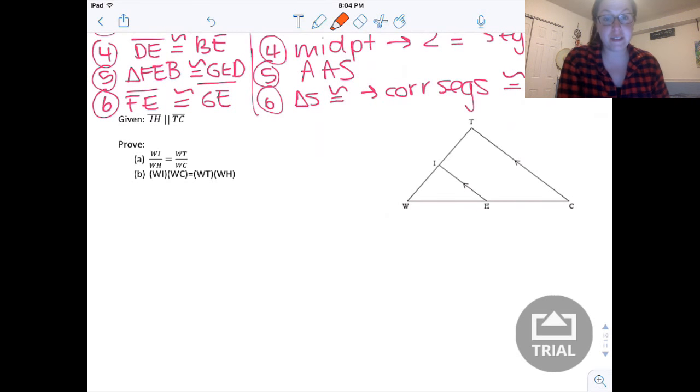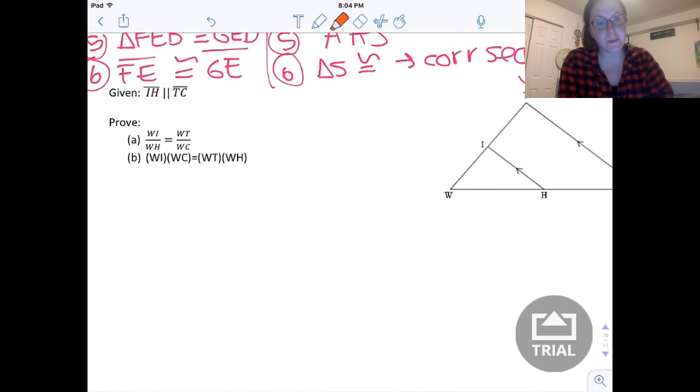So this tells me that these lines are parallel. Cool. And it wants me to prove this thing. I don't see congruence or similarity there, but I see a proportion, and proportion makes me think proportionality, makes me think similarity. Okay? So let's look at what it actually asked me to show.